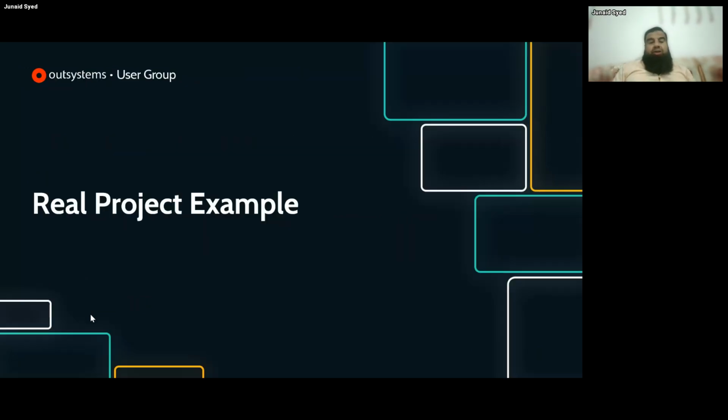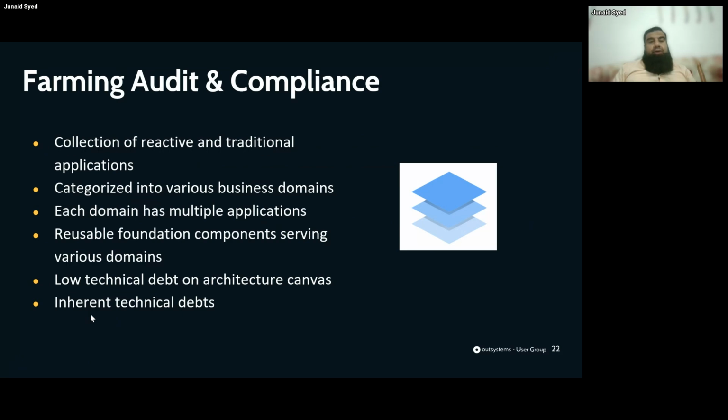Now, coming to the real project example. Let's take an overview of the system first. There was an application which was mainly supposed to perform the audit of the farming practices for those who are registered with this customer.